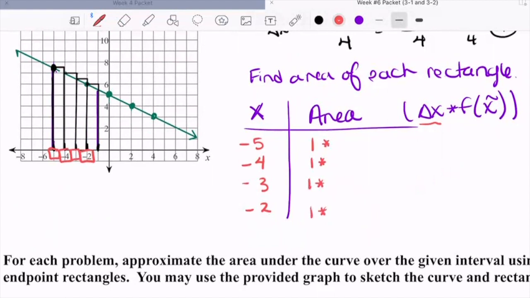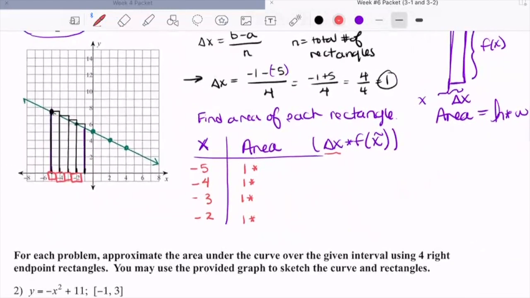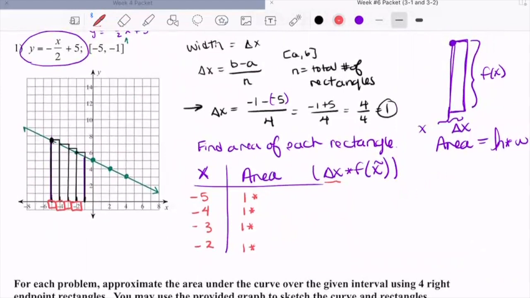And so now I need to compute the function output value at each of those endpoints. So we have the rule for our function up here given. So to find that height of the first rectangle, I need to plug in negative 5 into x. So that would look like minus negative 5 over 2 plus 5.